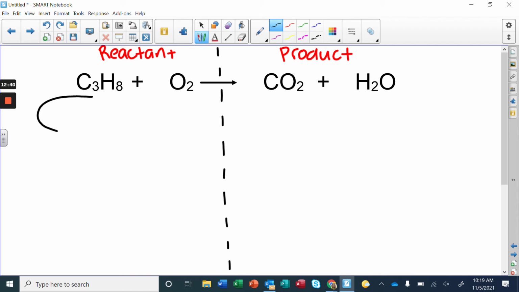We'll start here. So I'll start with my carbon. I have 3 carbons, and I have 8 hydrogens. 1, 2, 3, 4, 5, 6, 7, and 8. Now I have my oxygens.